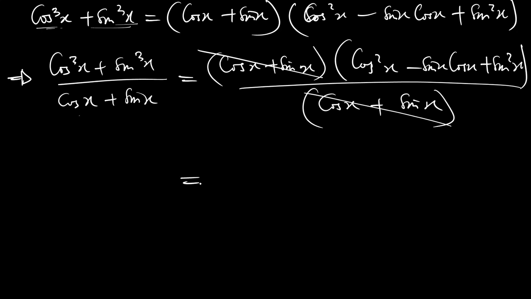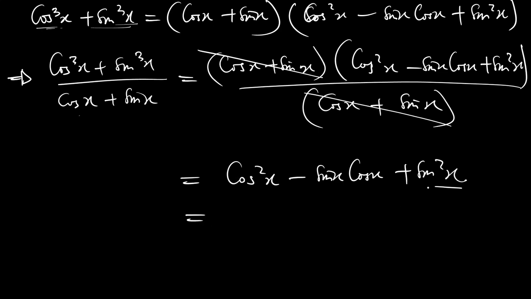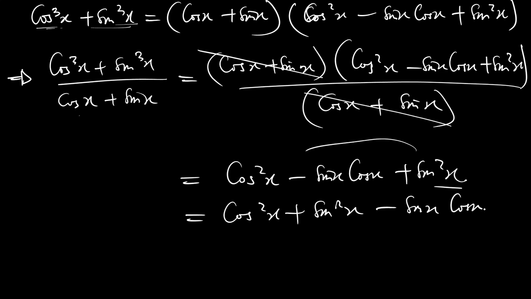So now we are left with cos square x minus sine x cos x plus sine square x. So bringing this to this side, you have cos square x plus sine square x minus sine x cos x.